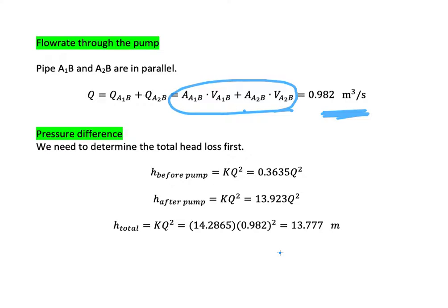So we calculate that, and by using the previous equation, we found that the losses before the pump is equal to 0.3635 Q square, and the losses after the pump is 13.923 Q square. Then the total losses, we add these two values, so we get the value of 13.777 meters.